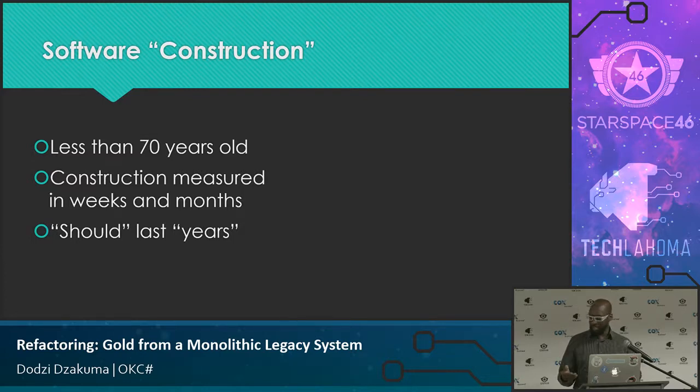Other than that, it's less than 70 years old. Construction is measured in weeks and months for us. You have 3-week sprints, 3-month projects, yet the expectation for the projects that we work on is they should last years. You spent all this money to build the project, you built the project, we expect it to last years, and then it goes into maintenance mode.